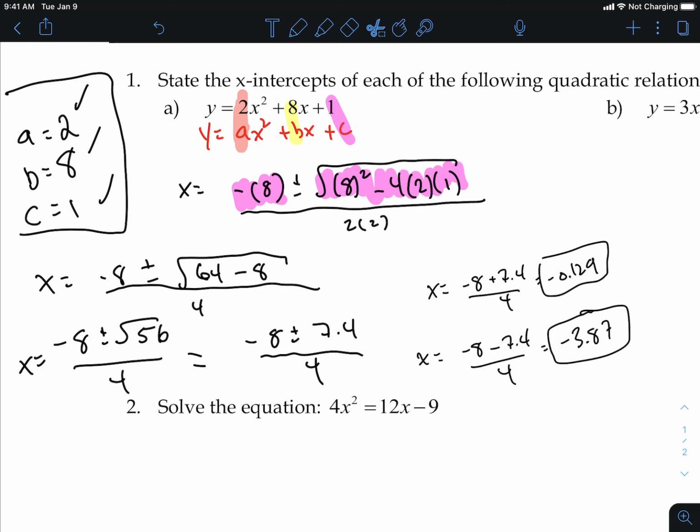Okay, if we finish, try the next one. Yeah, I'll do it now. Just want to give you guys some time. Okay, try it. The next one's the same thing. Just try the next one on your own. Okay, and then I'll write down the solution. Okay? Just take a minute and try it.